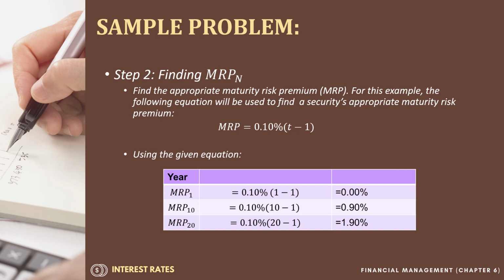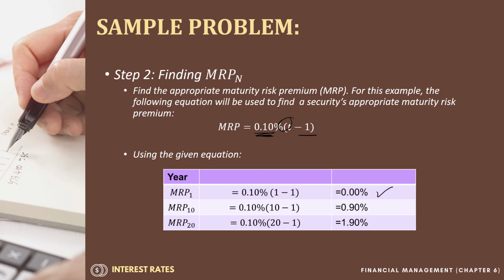So MRP is equal to the rate given, or the 0.10%, multiplied by t minus 1, that is the year minus 1. Now, using the given equation, for the MRP for the first year, we have here 0.10%, and then t is 1 minus 1, so we only have 0%.